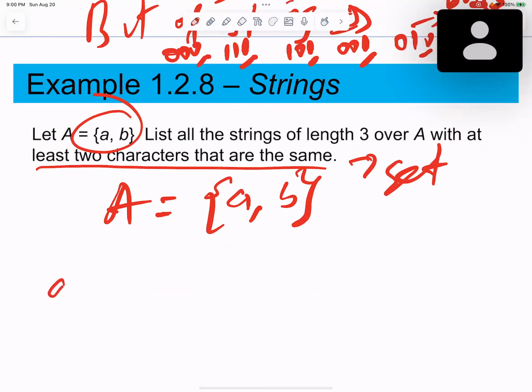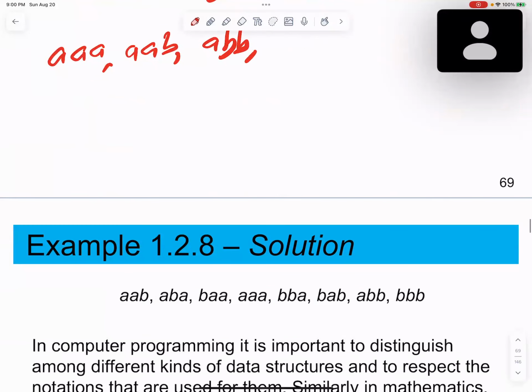So I can have a, a, a, I can have a, a, b, I can have a, b, b. See, you can list them like this. Those are the options you can have.